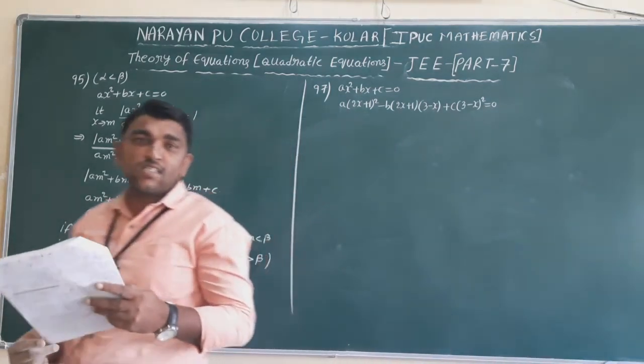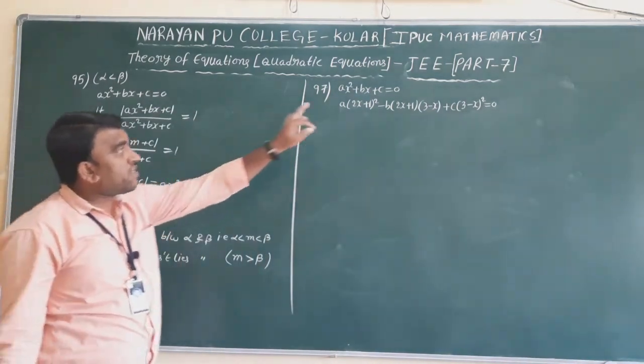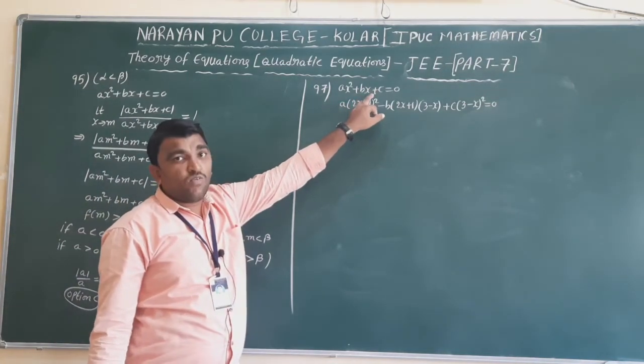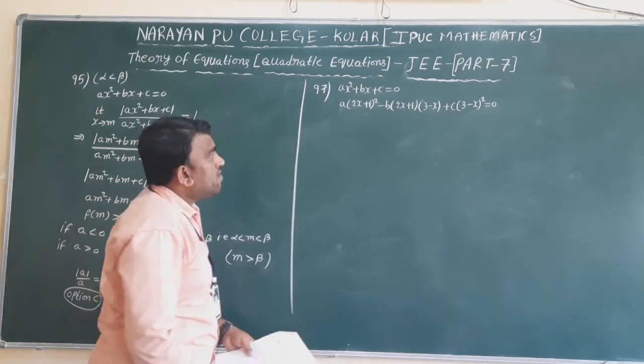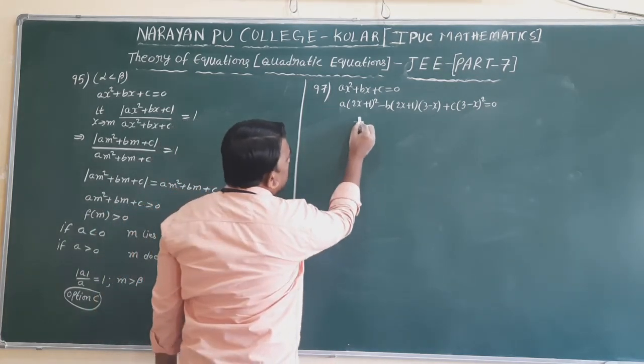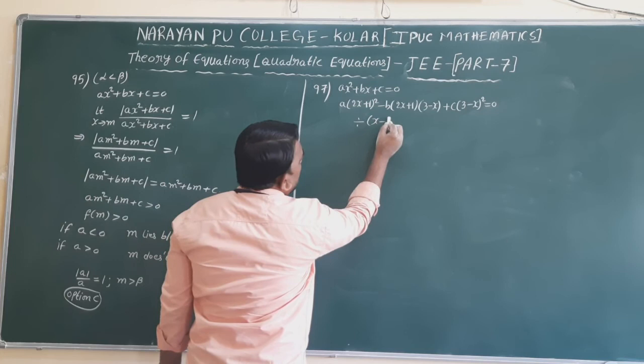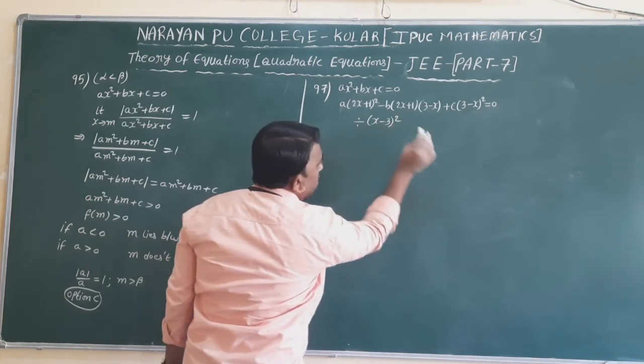So here, divide the whole equation by x minus 3 whole square.